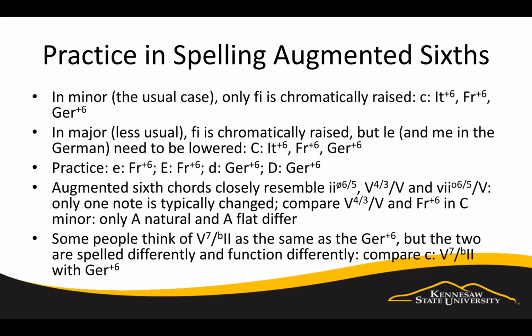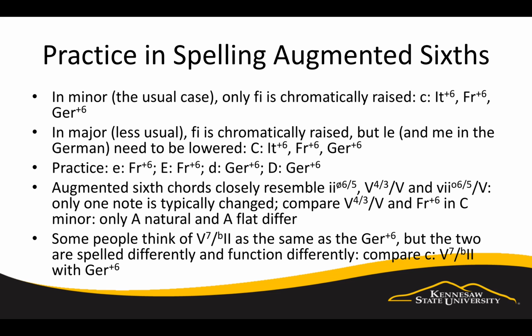Let's briefly practice spelling augmented 6 chords. So in minor, which is the usual case, only fi, or scale degree sharp 4, is chromatically raised. So in C minor, we would start off with le, do, and then fa becomes fi. Le does not need to be lowered because le is already in natural minor.